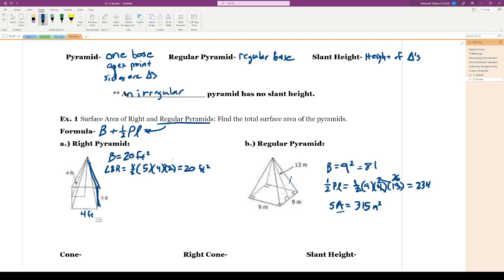So again, showing why this is going to be so much worse. So let's look at this triangle that's drawn in the middle. It's 2 across the base and 4 on the slant, meaning that this is a 30, 60, 90 right triangle because we see S and 2S, meaning the height of the pyramid. So I'm going to put that here. H of the pyramid is equal to 2 times the square root of 3 feet.